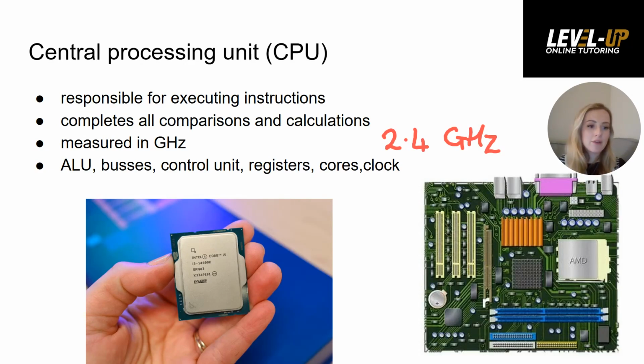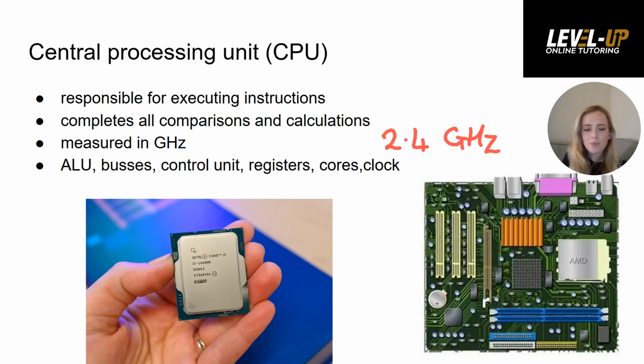So for every million seconds, around 11 days go by. A billion seconds is 32 years. So your processor is capable of carrying out a tremendous amount of instructions per second.